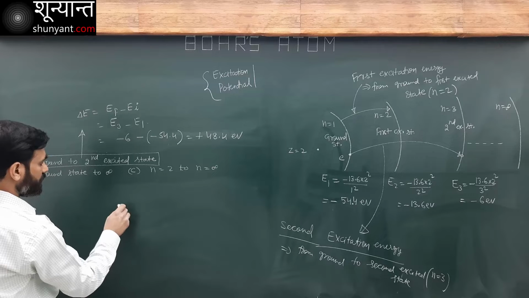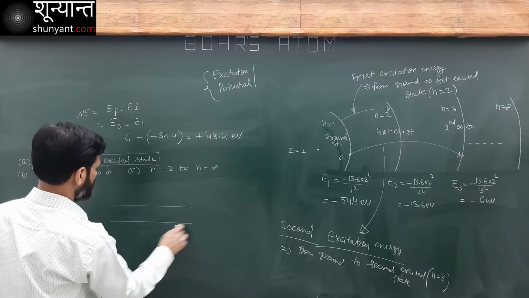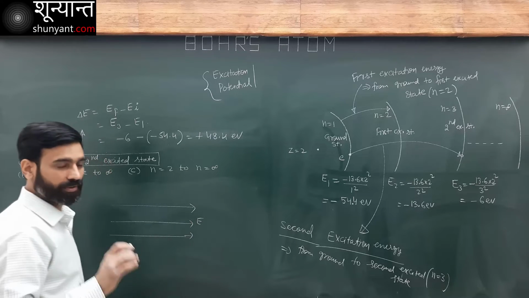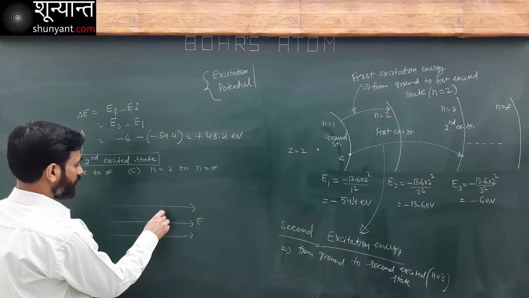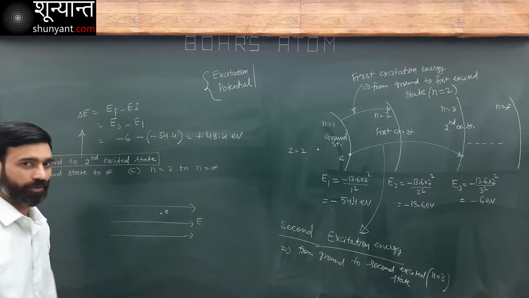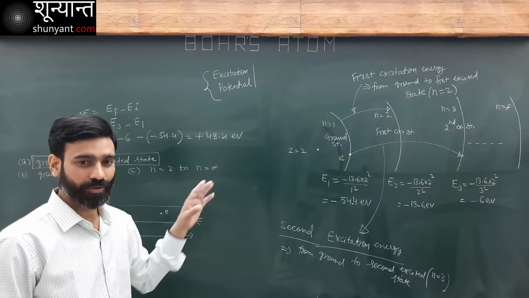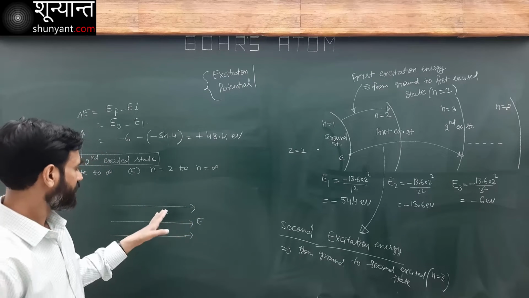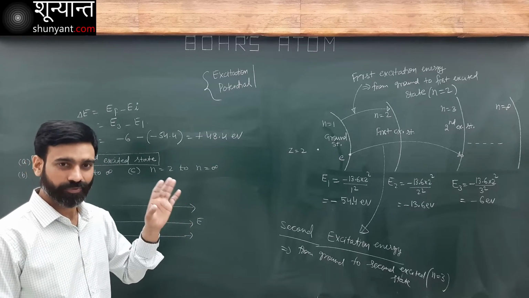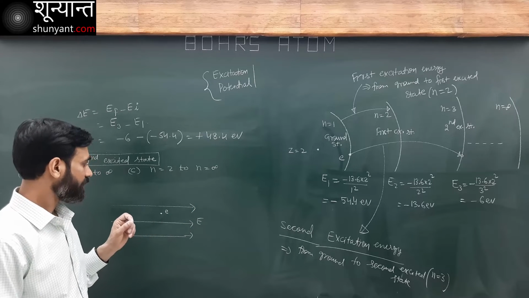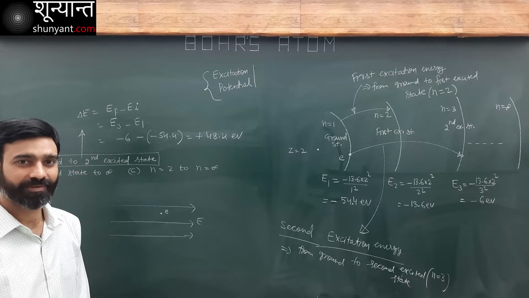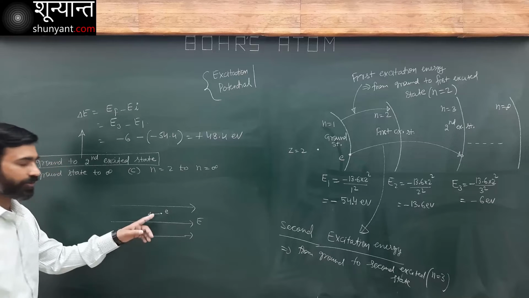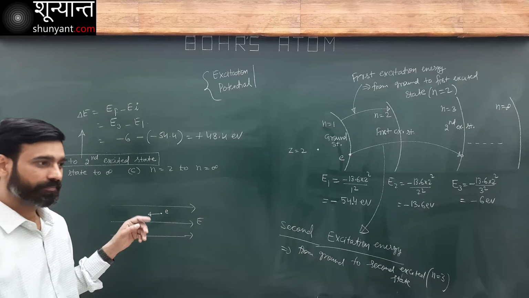This is my electric field, a uniform electric field, or whatever it is. I have one electron here. I release the electron from rest. In what direction is it going to move? It is going to move in this direction, because the force will act opposite to the field.